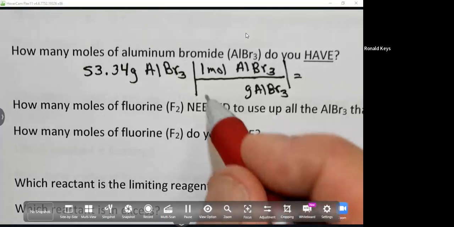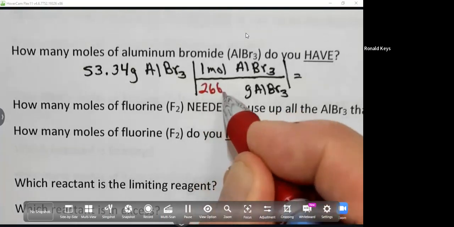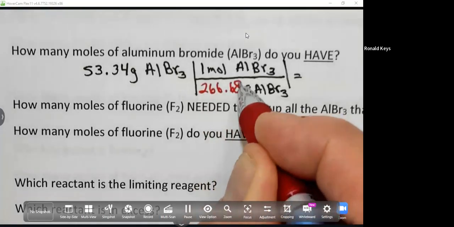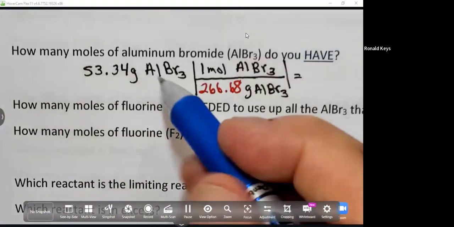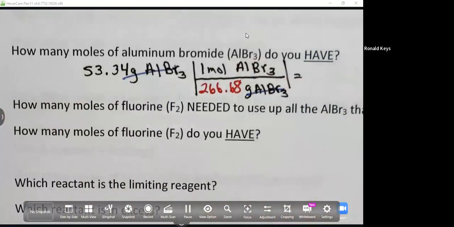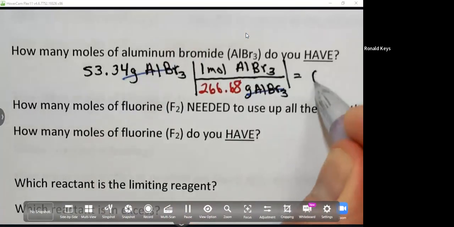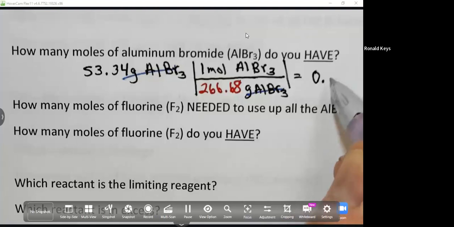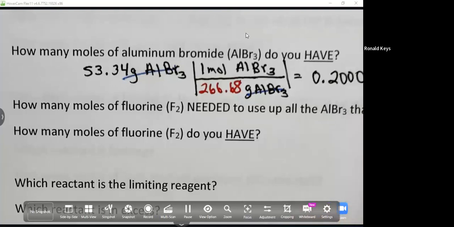That's 266.68, grams cancel out. So if we divide this out, to 4 sig figs we are going to get 0.2000 mole of aluminum bromide.